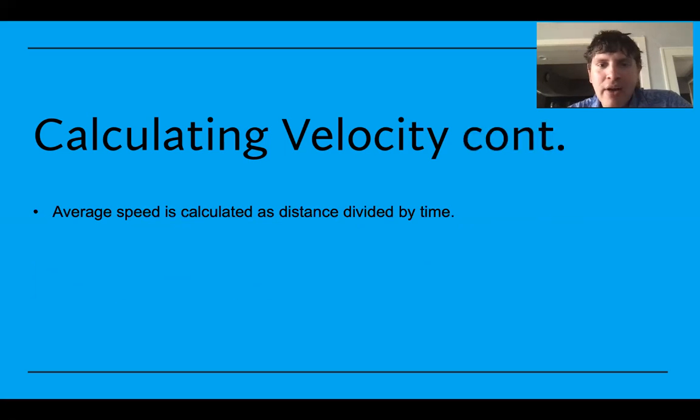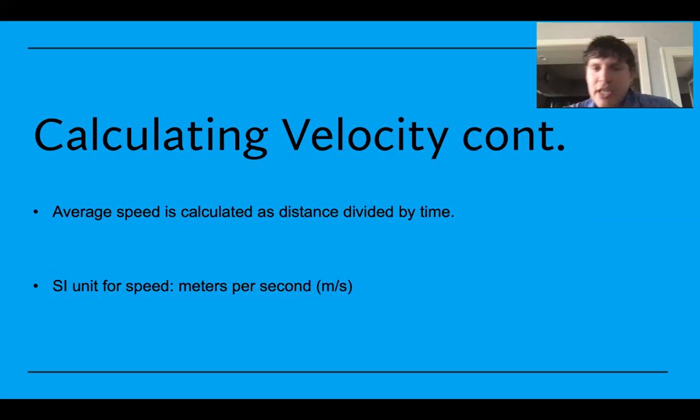Calculating velocities. Average speed is calculated as distance divided by time. So by convention, velocity equals distance divided by time. SI units are standard international units. They're not antiquated, unlike, for example, us in the US, where we use miles per hour. Miles are based on the foot, whereas the rest of the world uses kilometers per hour. Kilometers are based on the meter, which is a base 10 unit.